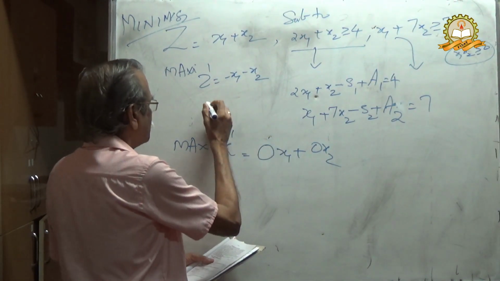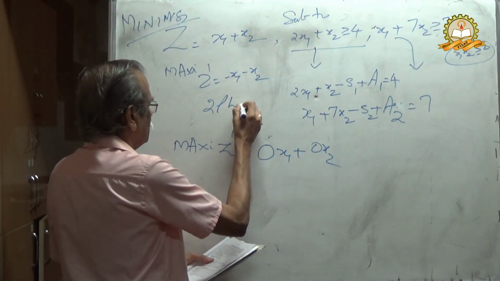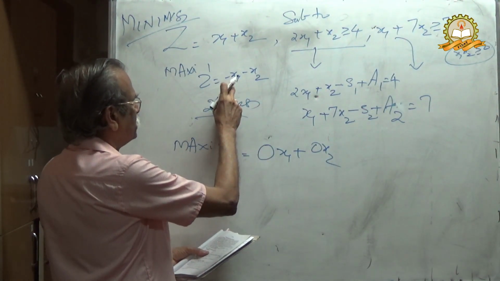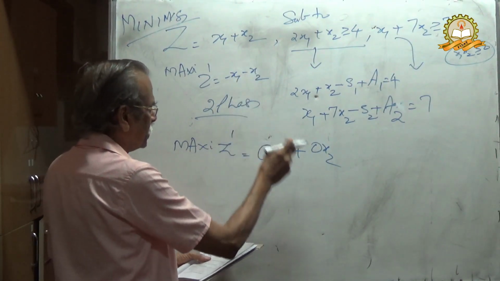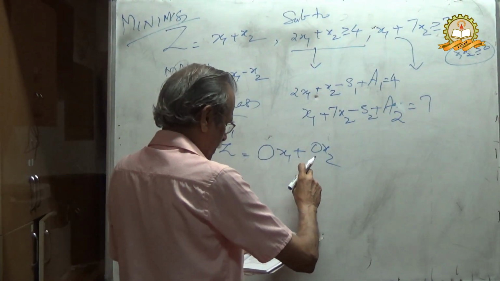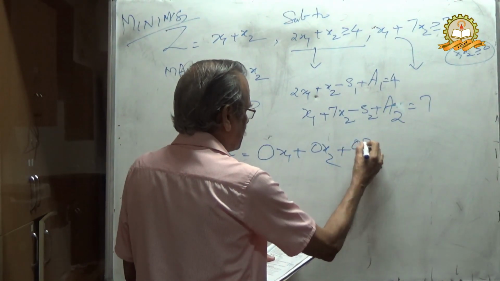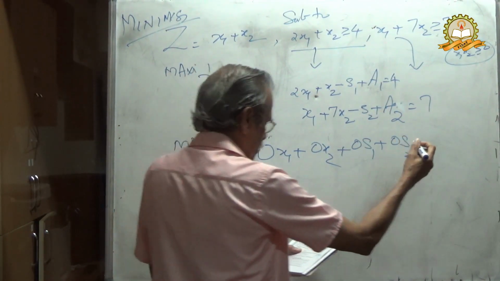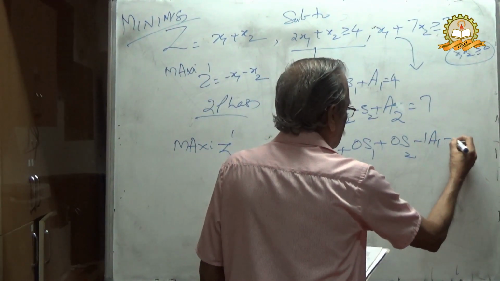Now, under the two phase method, taking the coefficients, maximize z dash equal to 0x1 plus 0x2 plus 0s1 plus 0s2 minus 1a1 minus 1a2.